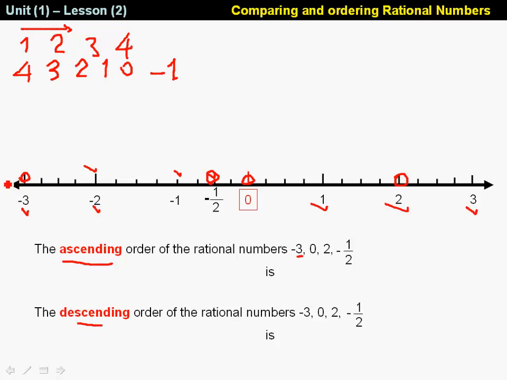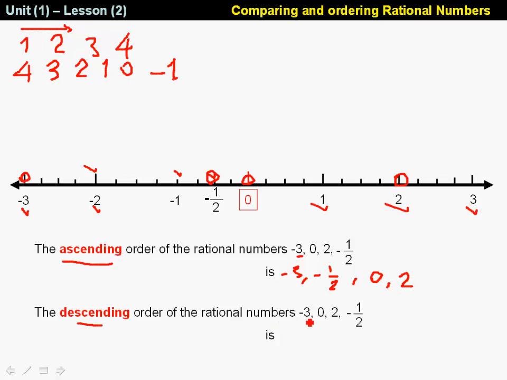We start from the left side, from the smaller number, and move to the right. So we write first minus 3, then minus half, then 0, and 2. These are in ascending order.